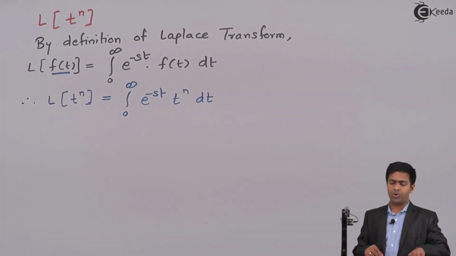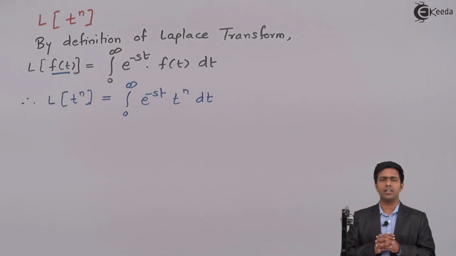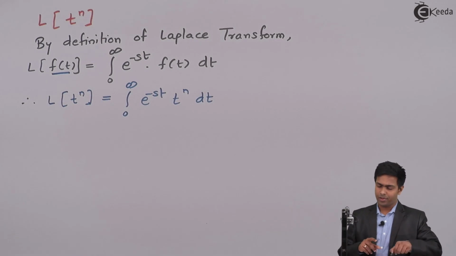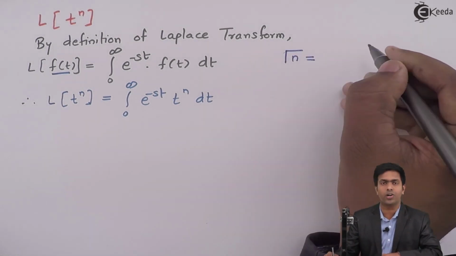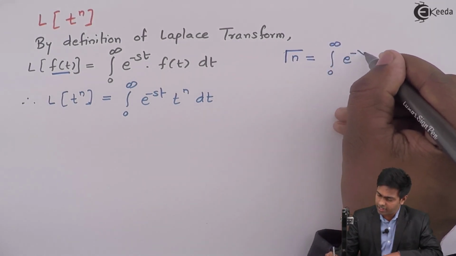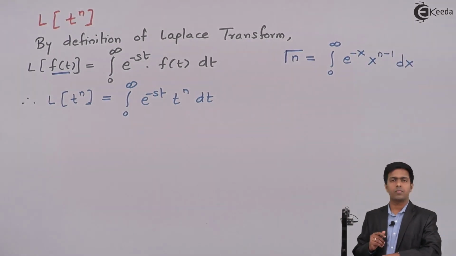Now how to evaluate this integration? To evaluate this integration, I am gonna use the gamma function definition. Now what is the definition of gamma function? So let's see here. The gamma function is given by the definition gamma n equal to integration 0 to infinity e raised to minus x, x raised to n minus 1 dx.